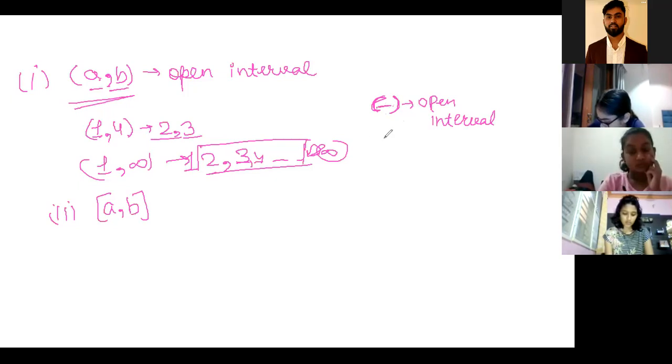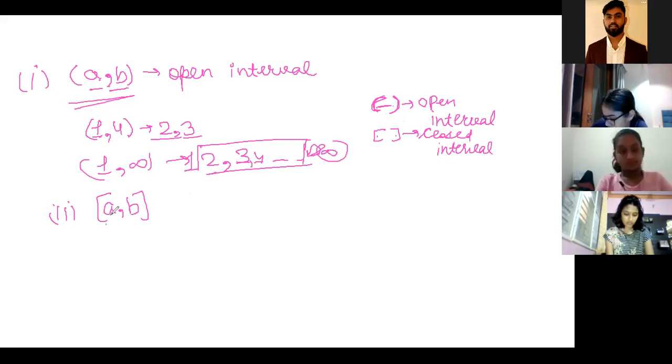And this is known as closed interval, where we include all the values including these two. For example, in this particular thing, we will include A and B, and we'll also include all the values which come between them.